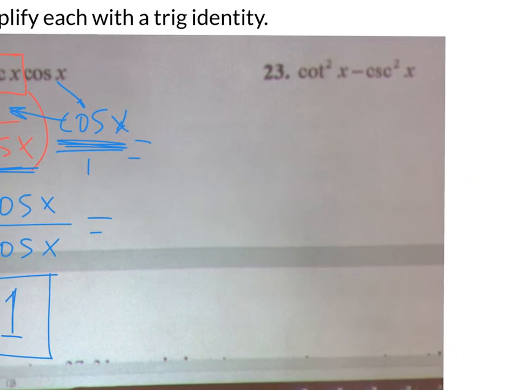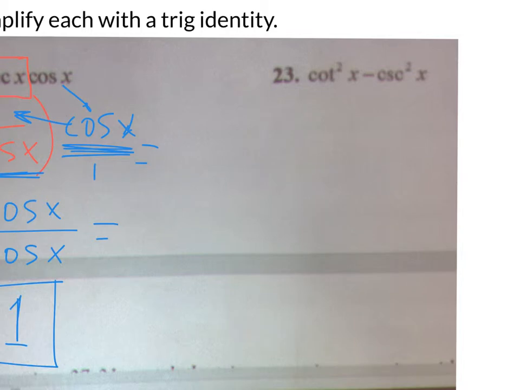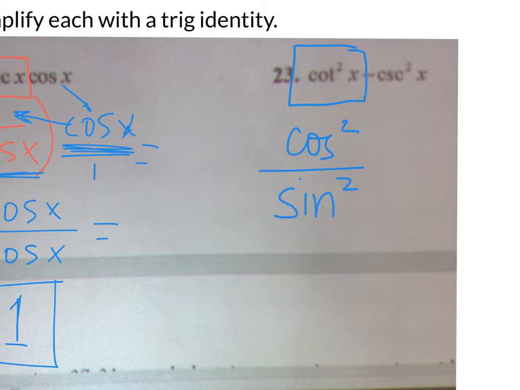So in addition over here, I have another one, cotangent squared minus secant squared. Okay, so what we're going to do is write them in terms of sine and cosine. Now the cotangent is a ratio of the cosine, so since it's cotangent squared, that means cosine squared over sine squared.